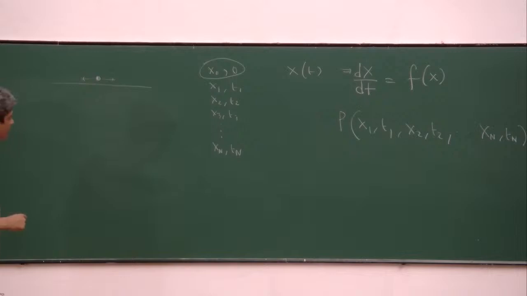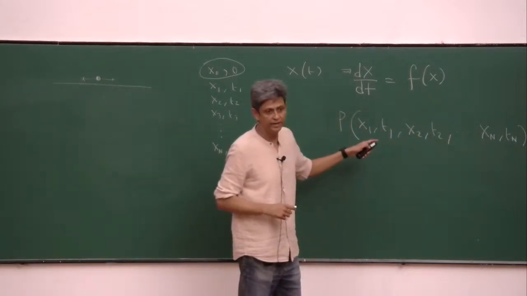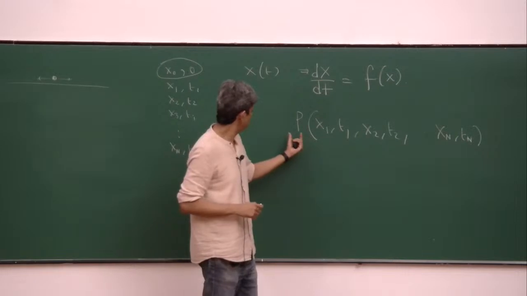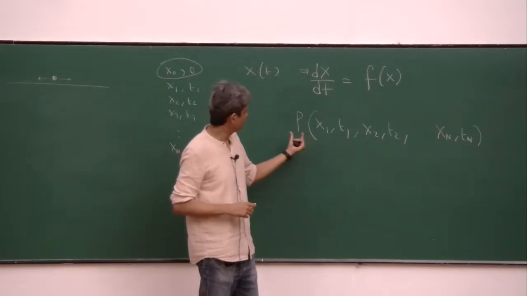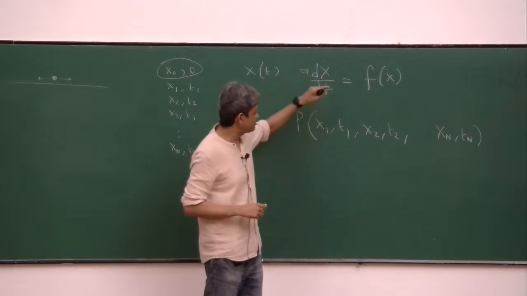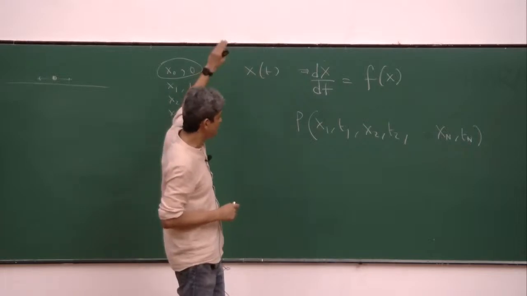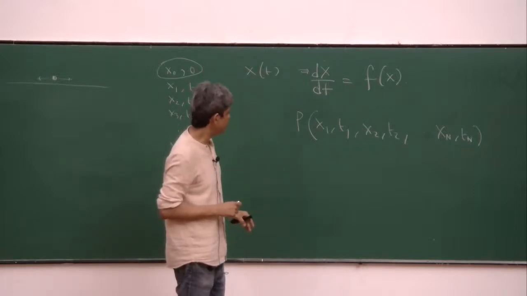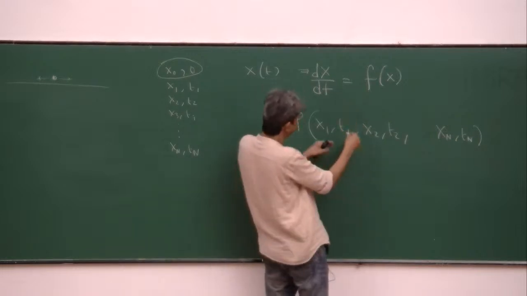Okay. Now, you can see that this is an incredibly difficult problem for a given system, to exactly find out what will be the probability. So there are several simplifications, based on observation. So one simplification which everybody works with is, when I write this, you can think that t1 is the latest time.